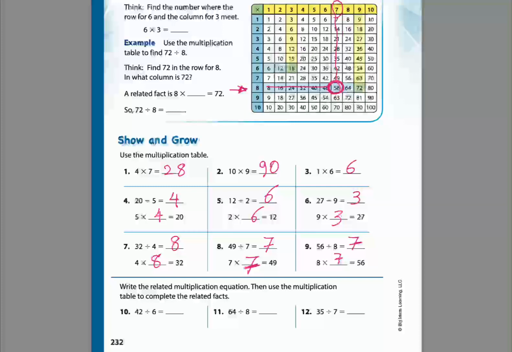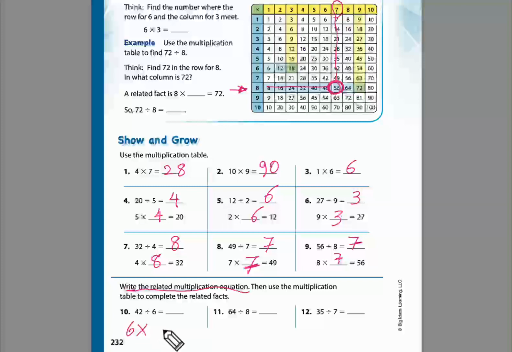Muhammad Hani? Yes, teacher. For the next question, Muhammad, we need to do something more. We need to write the related multiplication equation. Then use the multiplication table again to complete the related fact. We multiply 6 by 7 equals 42.